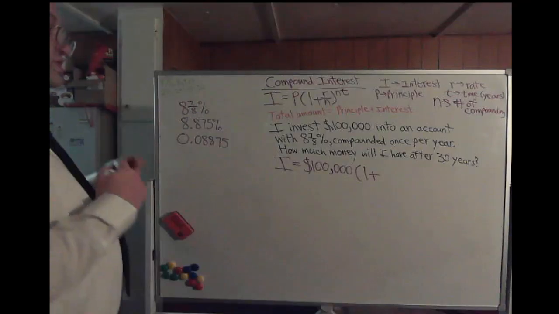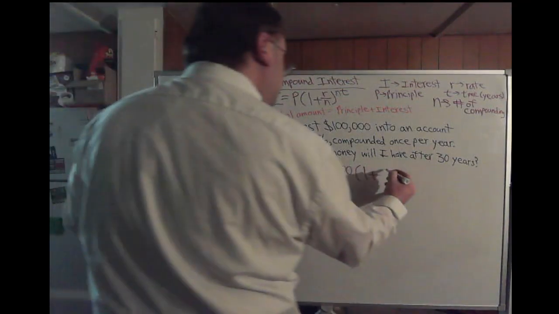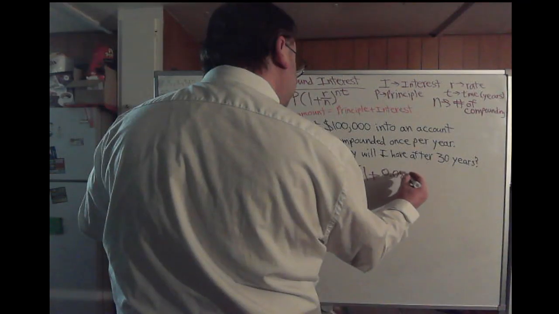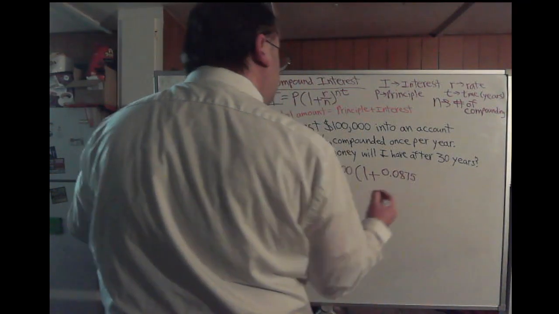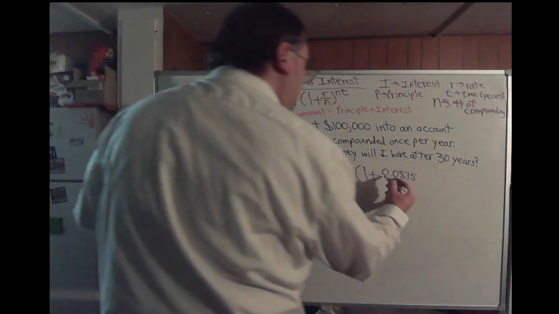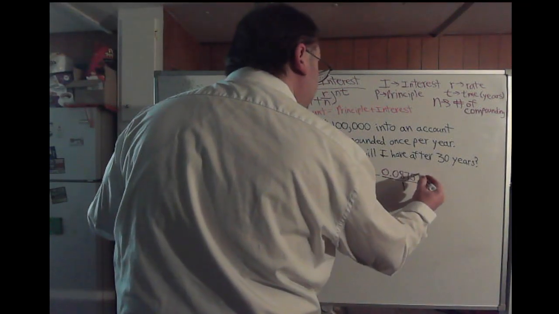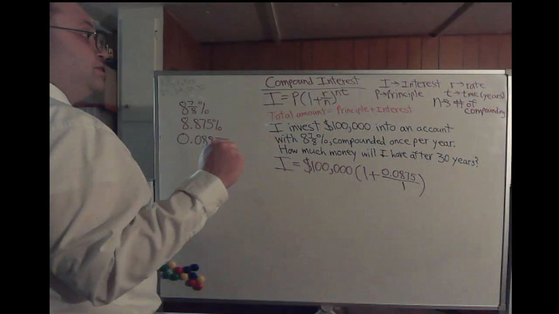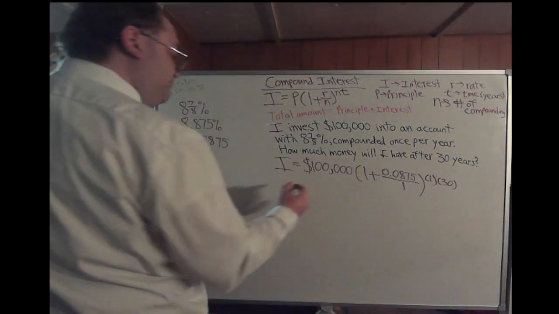So that rate as a decimal is 0.08875 over n, the number of compoundings per year, which is just once, so that would be over 1. And then that quantity raised to the nt power. The n, the number of compoundings, is just 1. The time is 30 years. 1 times 30, so that's 30 years.